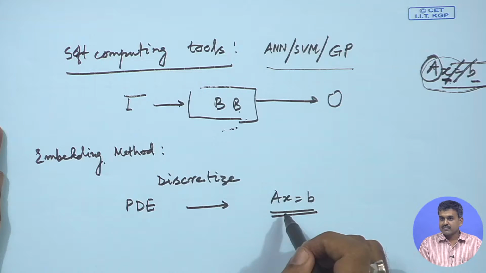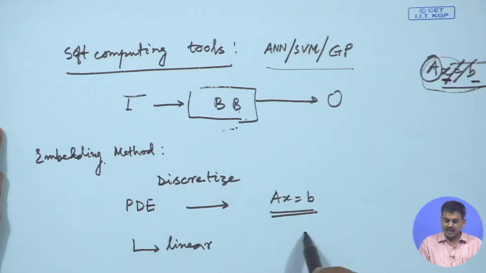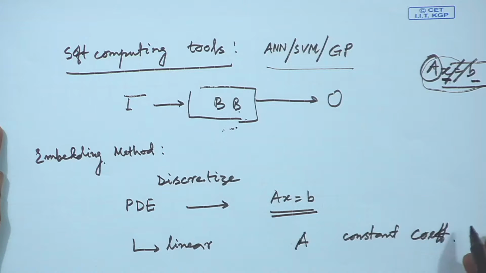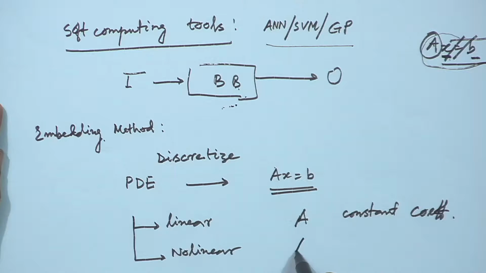In this case, if your PDE is linear, then the A matrix is your constant coefficients. If the PDE is nonlinear, the A matrix is not constant.